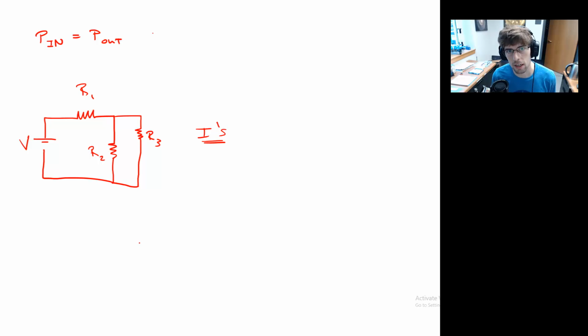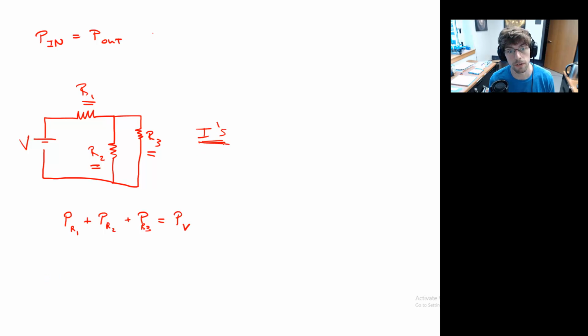One sanity check would be to make sure that the power expended by the resistors is equal to the power being generated by the battery. Right? You want to make sure that the power of resistor 1 plus the power of resistor 2 plus the power of resistor 3, R3, is equal to the power being generated by the battery. So it serves as a good sanity check.